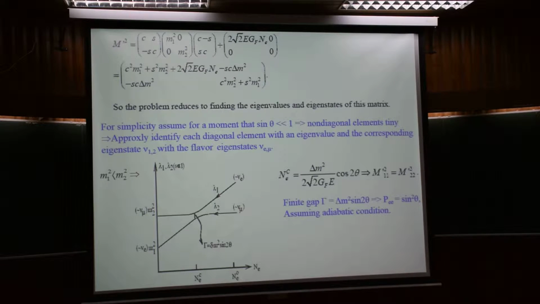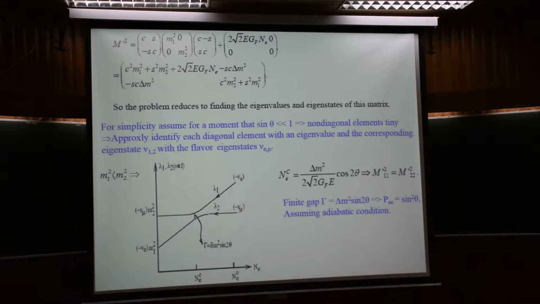Okay, it is very easy to see because trace remains invariant under diagonalization. So A plus B, and the determinant remains invariant, so that is AB.